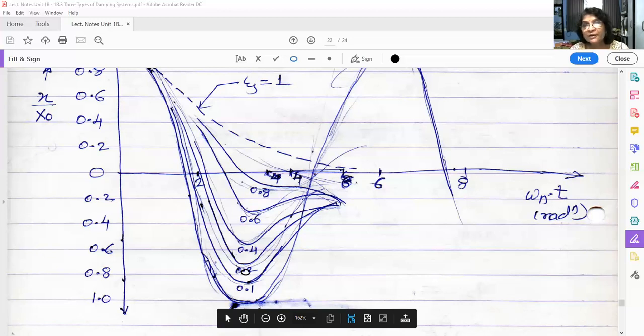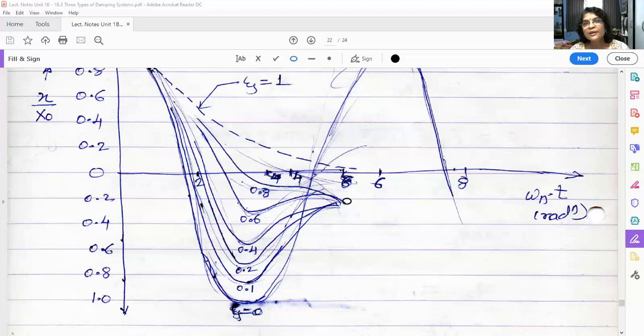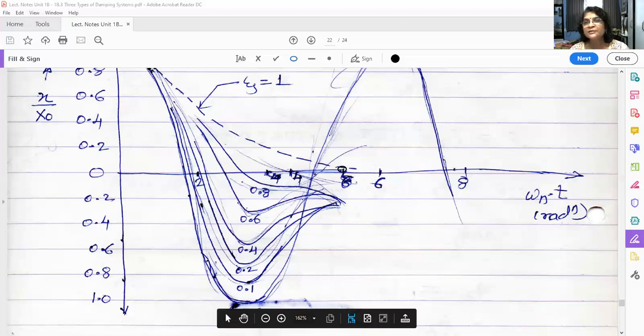Amplitude will further decrease. There is a more reduction in amplitude. So this is the graph of zeta is equal to 0.2. Then this is the graph of zeta is equal to 0.4. Then zeta is equal to 0.6, zeta is equal to 0.8. Like this, zeta is equal to 1.